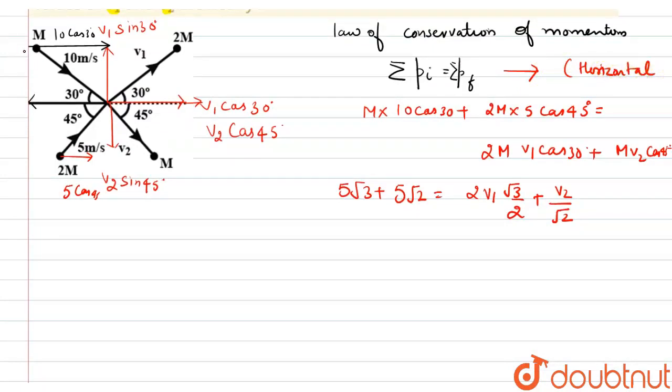Now equate the vertical components. In this case, if this velocity is 10 meter per second, horizontal is 10 cos 30 and vertical will become 10 sin 30. So now use this formula.